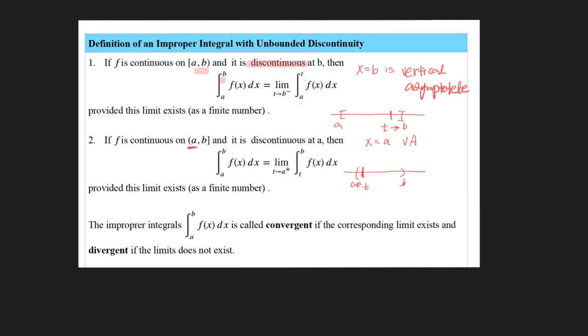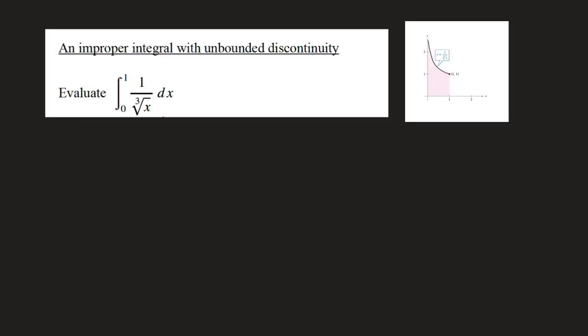I'm going to give a couple of examples of this definition. Let's start with this improper integral. Look at this boundary: here is 0, here is 1. The function is y equals 1 over the cube root of x, and x equals 0 is a vertical asymptote, but the interval is 0 to 1.